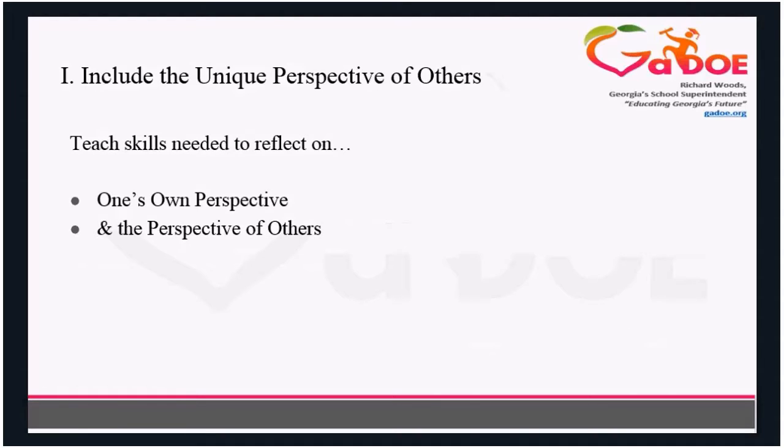So the first one, including the unique perspective of others. This one is important in the elementary grades, and this is something that elementary teachers do all the time. I know that my daughter in kindergarten, and even I've seen this all the way through 5th grade, the first day, it's an all about me project, right?